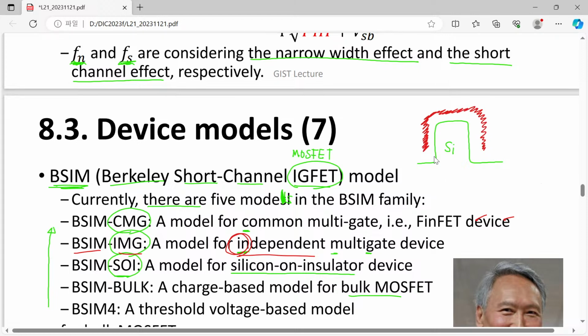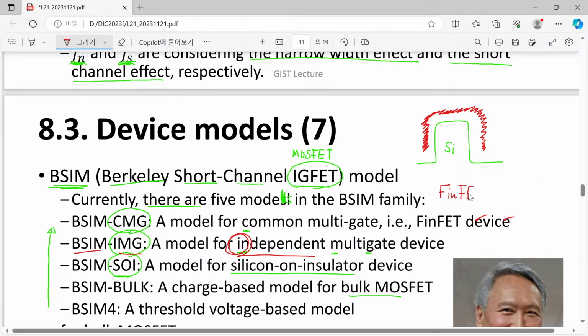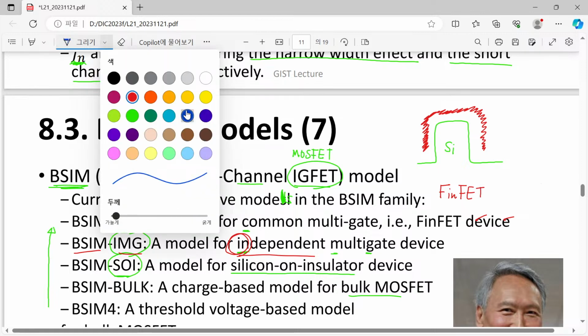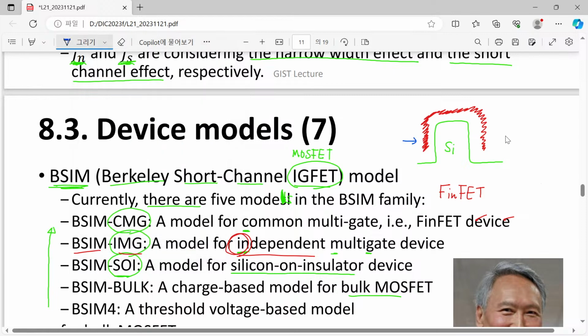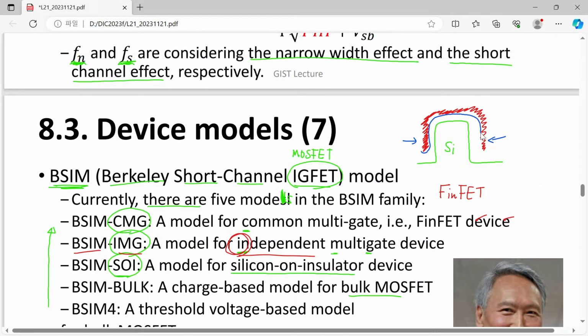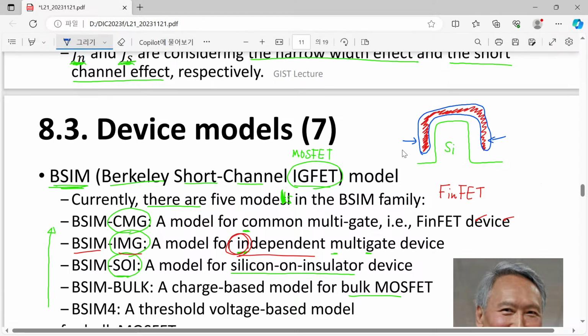This kind of device is called FinFET. In this case, can you apply different bias voltages to this side and that side? Actually not, because it is just one piece of a single metal. So when you apply 0.7 volt to this side, it is the same for the opposite side. So they are just common.